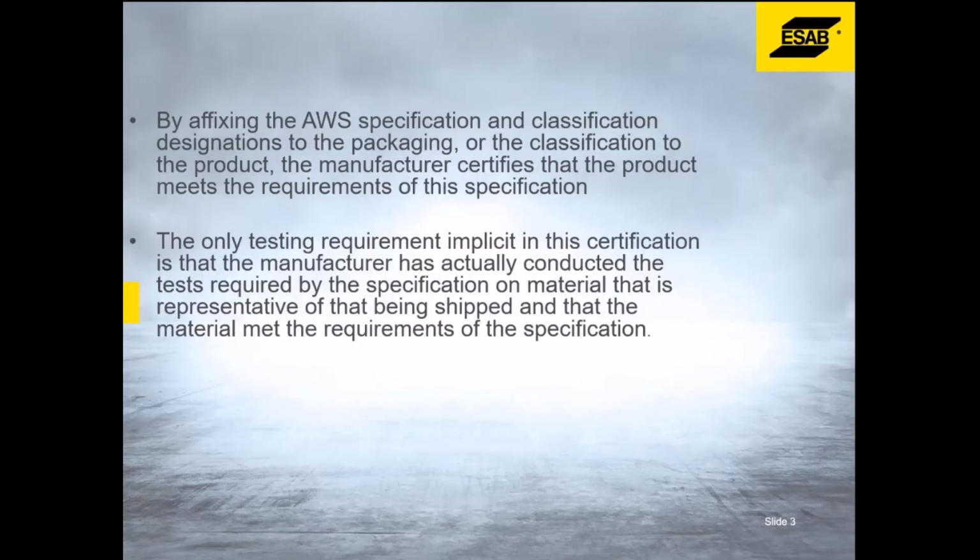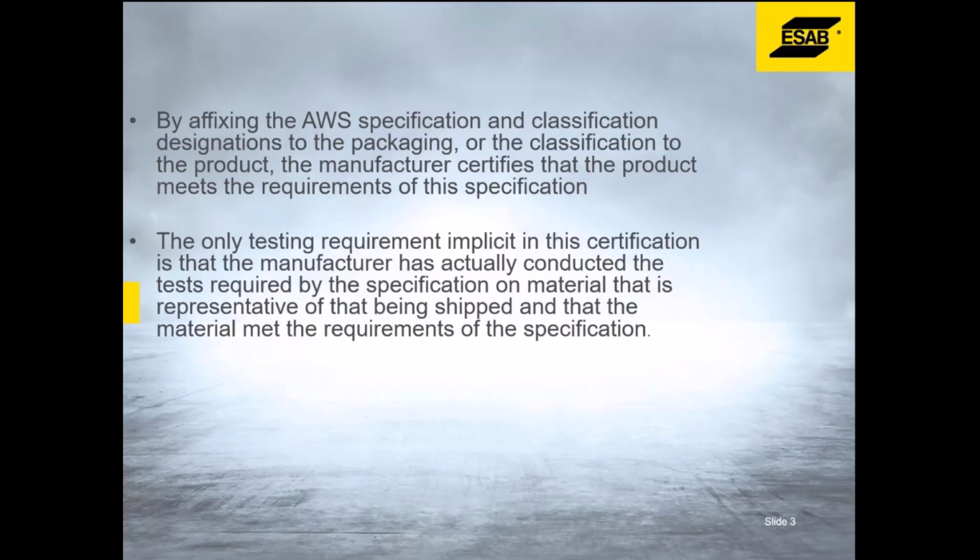So when a manufacturer attaches the classification to a product, for example, when you see E7018 on a product, that is the manufacturer certifying that that product meets the AWS specification. So you can ask for additional testing.